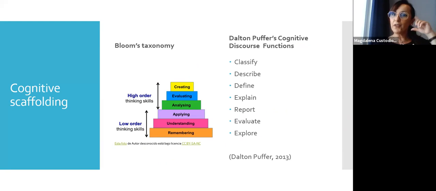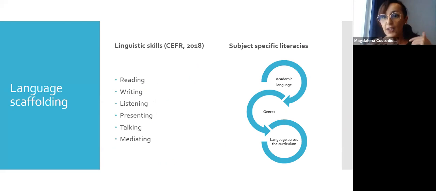Of course, from the point of view of cognition, but in this case, cognition is connected to cognitive discourse functions that happen in the foreign language. And this is very important, and we have to be aware and give the students scaffolding in order to really be able to process and develop these discourse functions in the foreign language. But not only that, students in CLIL also develop the intercommunicative basic skills, like reading, writing, listening in foreign language classes.